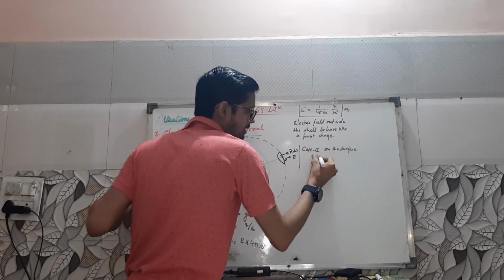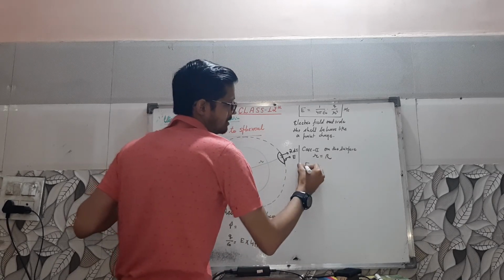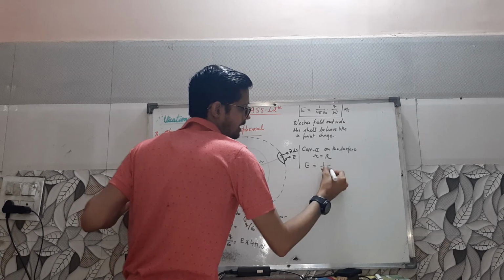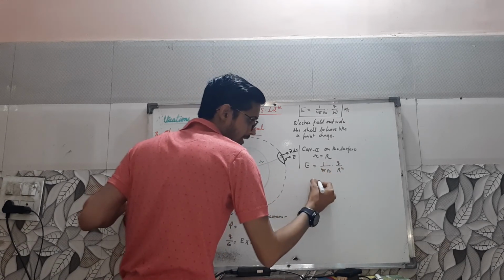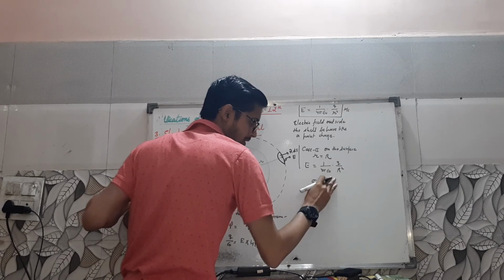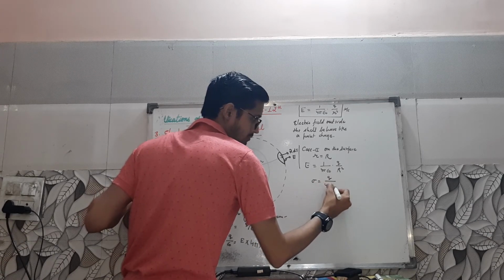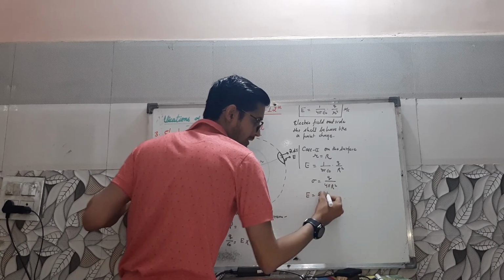So we can put small r equal to capital R. E will be equal to 1 upon 4 pi epsilon naught into q upon capital R square, and sigma equals q upon 4 pi r square. So it is nothing but again sigma upon epsilon naught, that is constant.